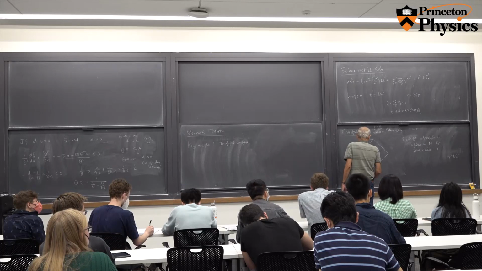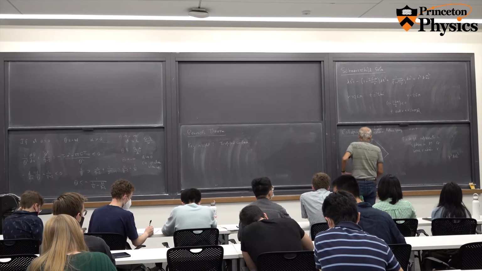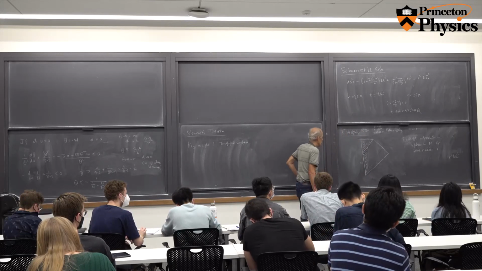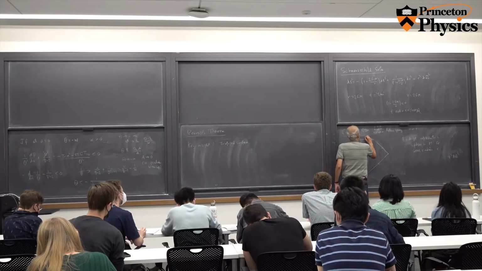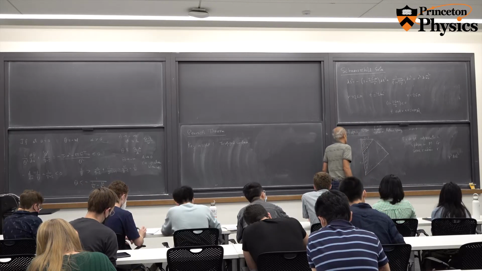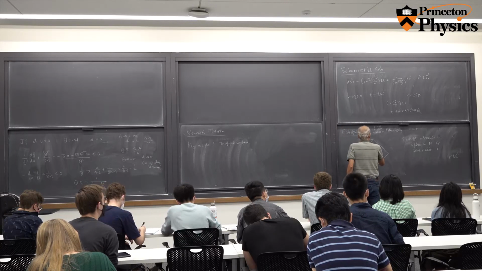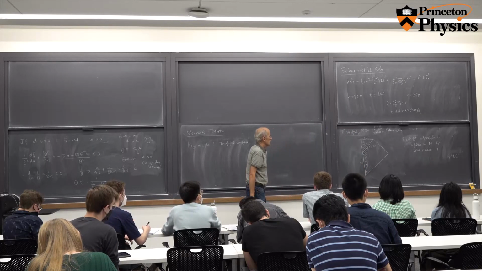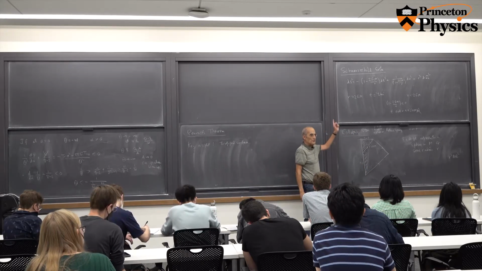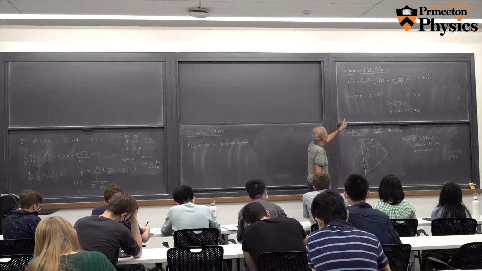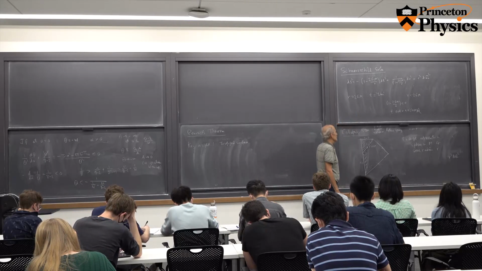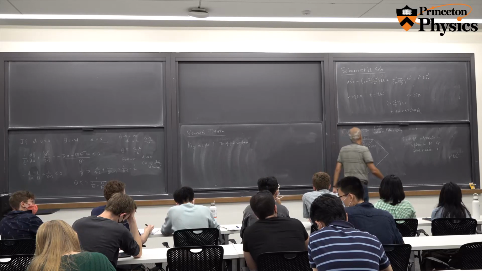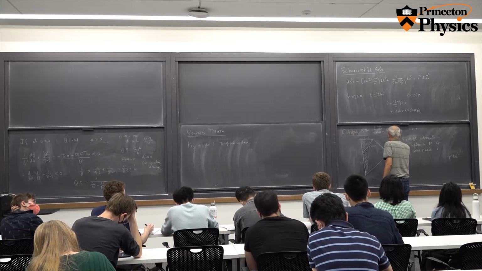So r is 0 at the center of spherical symmetry, but r is also 0 at the singularity. r is equal to 2GM on the horizon. I'm assuming you all know enough about Schwarzschild to know that if you analyze outgoing light geodesics, that statement holds. r is infinity in various other places in this picture.